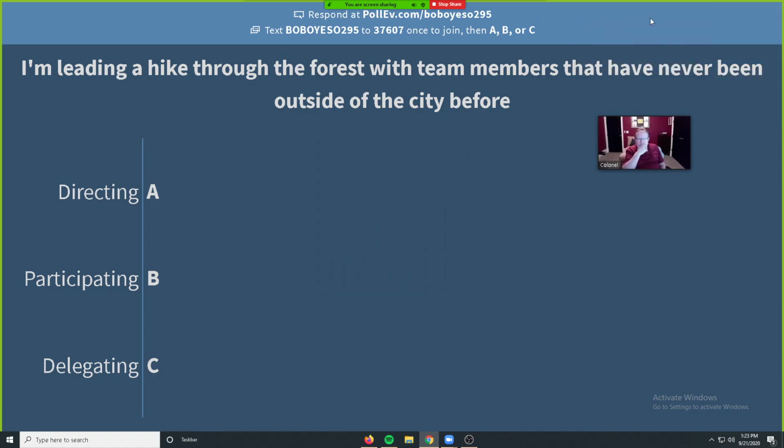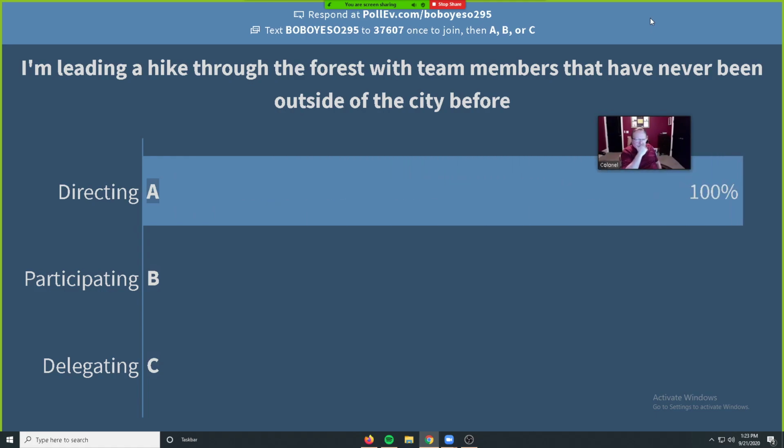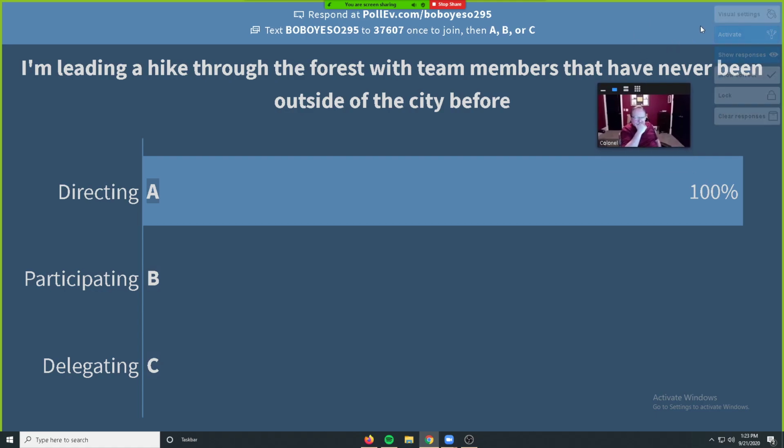And so the first question is, which leadership style would you use if you're leading a hike through the forest with team members that have never been outside of the city before? Which one out of directing, participating, and delegating?